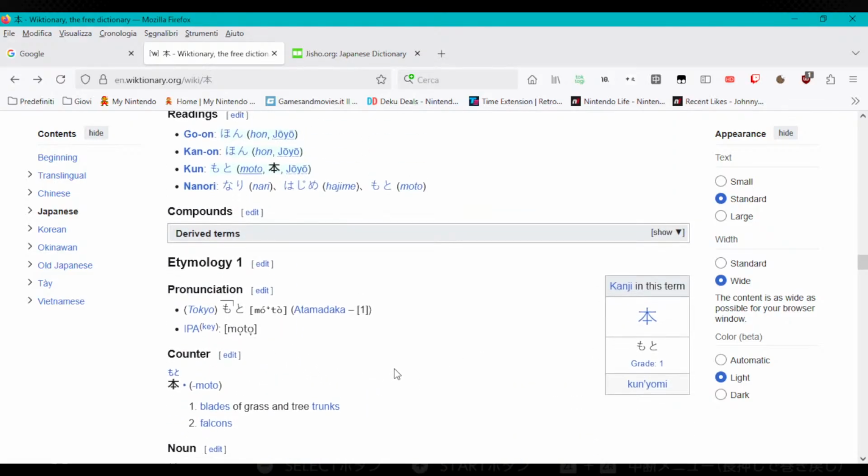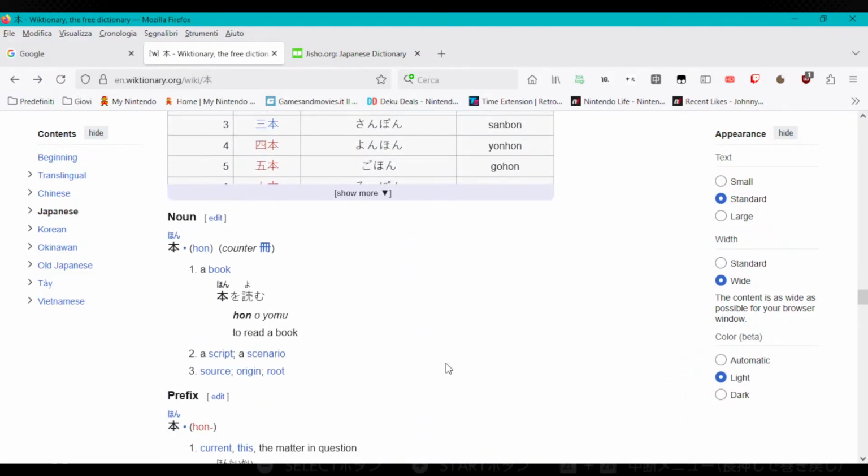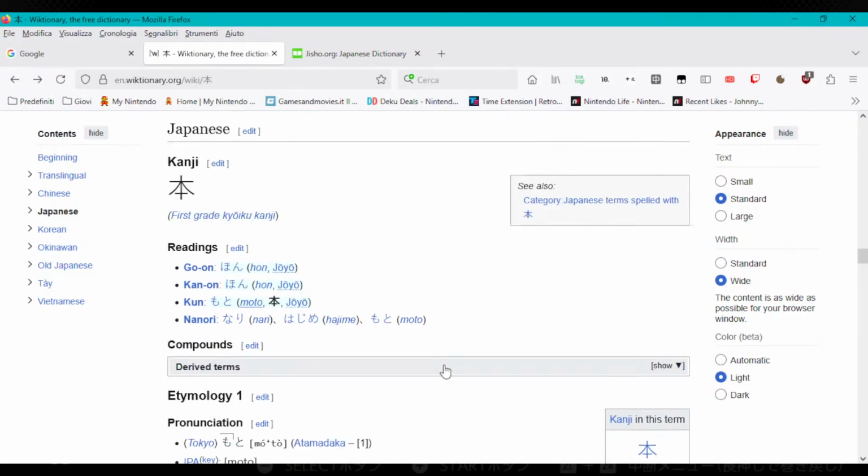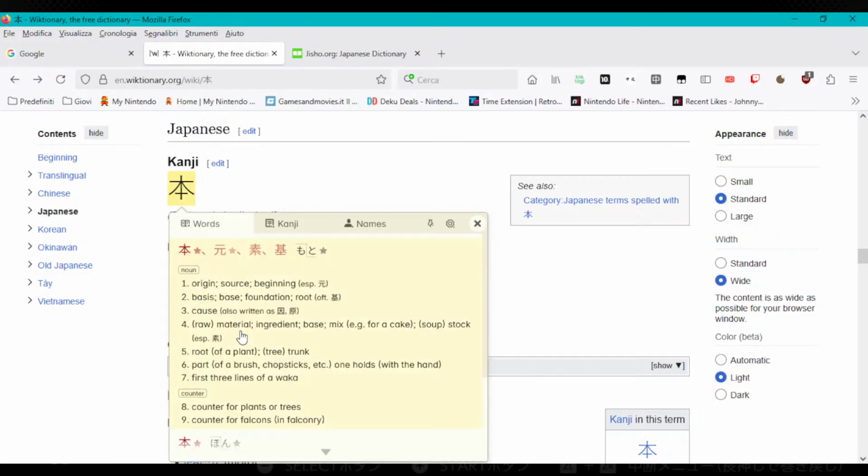Don't mind this one, but we find it, well, we should find it, with this moto accented on the first one, and yes, it means origin, source, beginning. It can also be written with other kanji: basis, base, foundation, root.